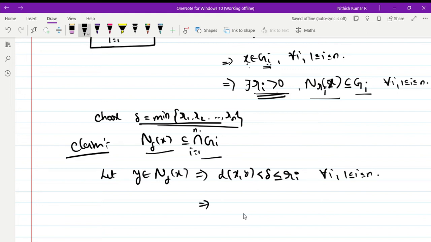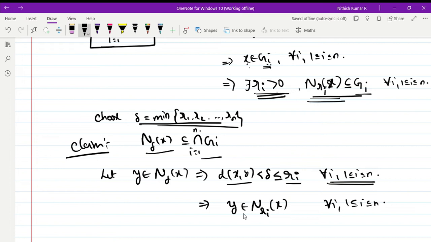This implies the distance between x and y is less than Ri for all i, so y belongs to N_Ri of x for all i between 1 and n. But we know that each N_Ri of x is contained in Gi. This implies y belongs to Gi, and this is true for all i between 1 and n.